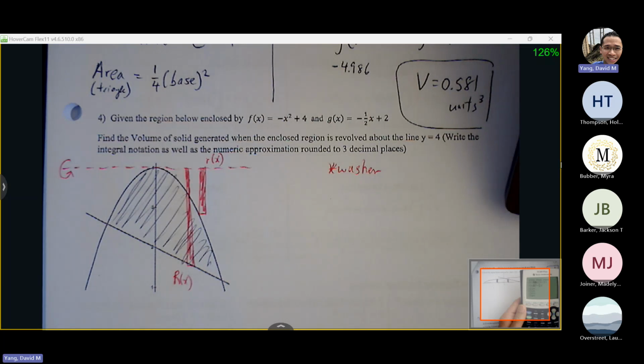My intersections were negative 1.186 and 1.686.